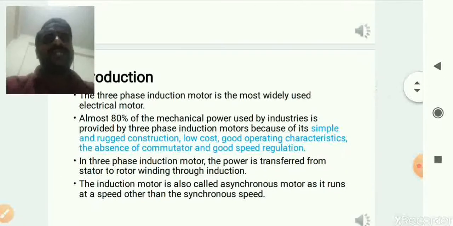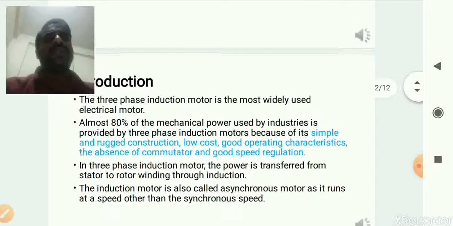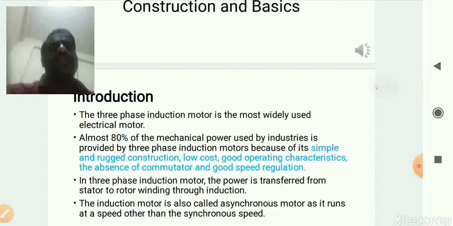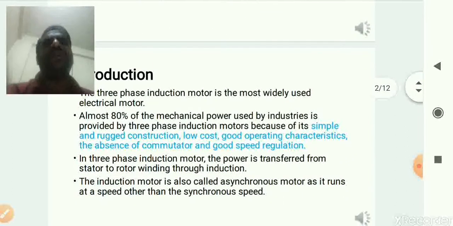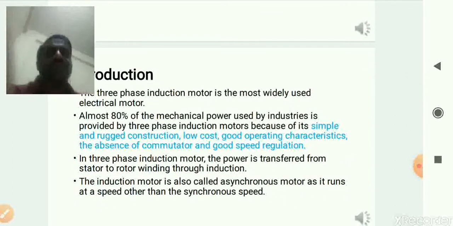Friends, this is a very important machine because this is the most widely used electrical motor amongst all types of motors.